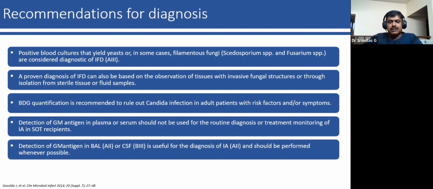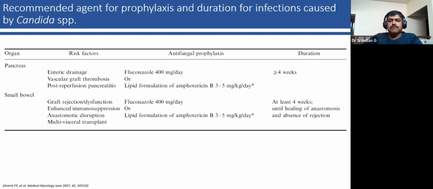But detection of galactomannan antigen in BAL or CSF may be useful in the diagnosis of invasive aspergillosis and should be performed whenever possible.